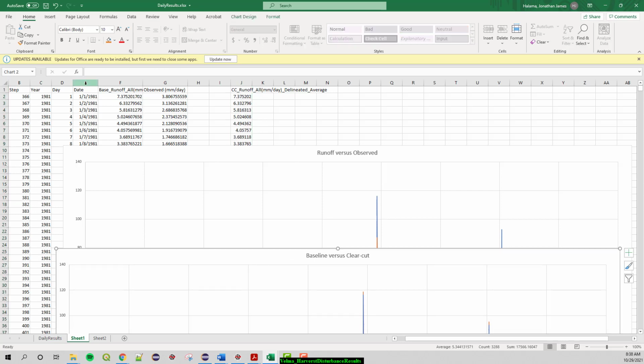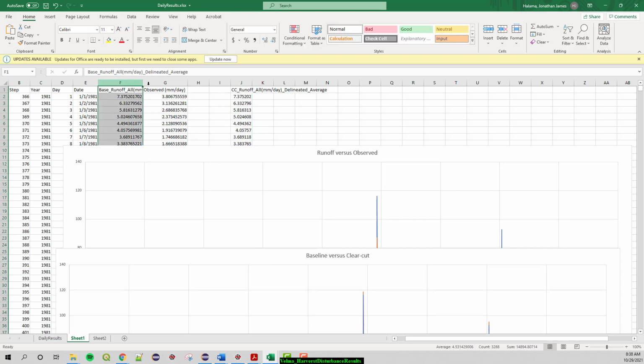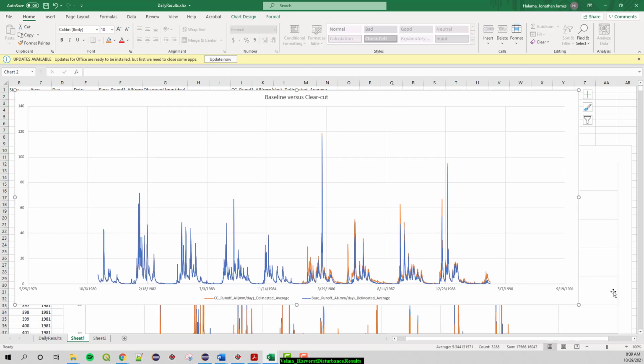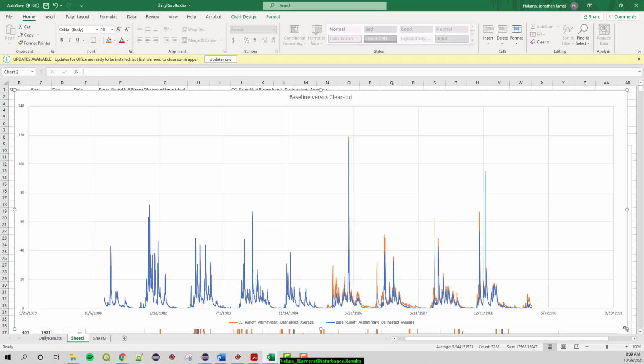And then I graphed the date versus my baseline runoff versus my clear cut, and you end up with a graph similar to this. Data-wise should be identical. I did rearrange this to put the clear cut behind, because then the yellow was popping up from behind the baseline run.